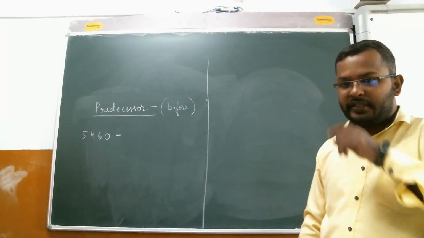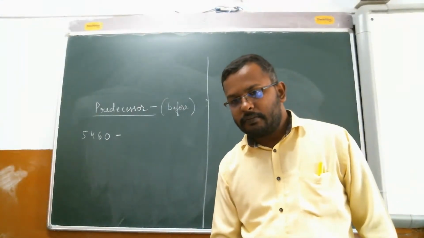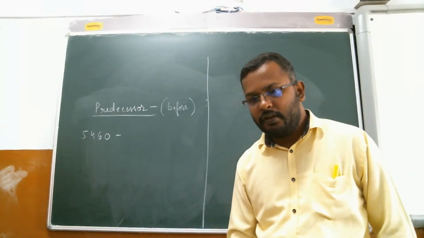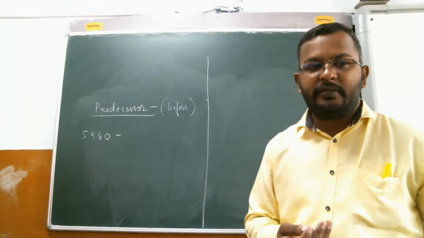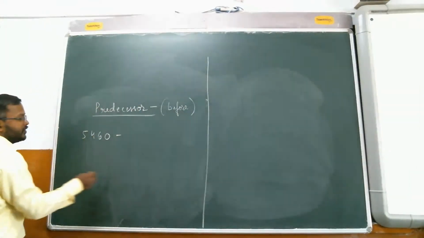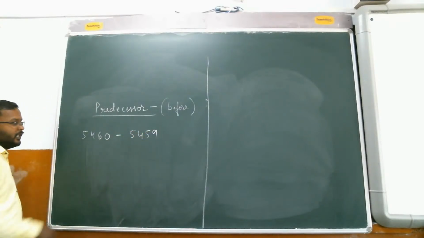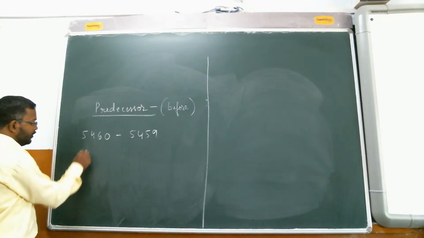Okay, very good. Predecessor is nothing but the previous number. So the predecessor of 5460 will be 5459.